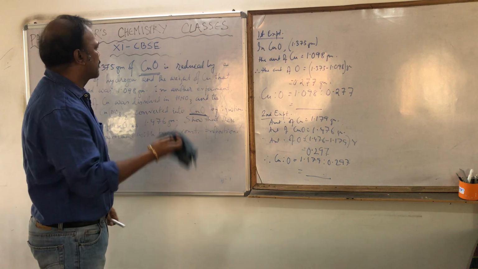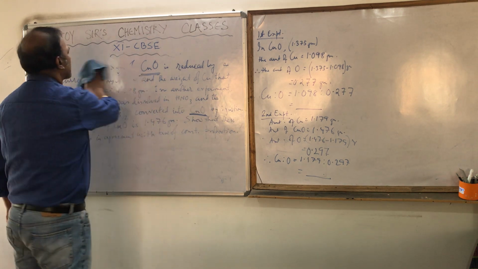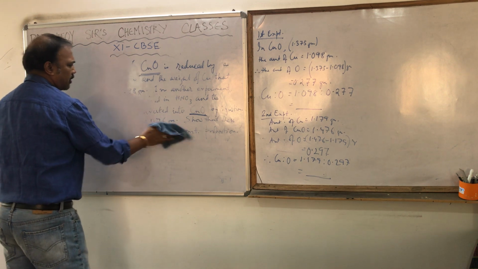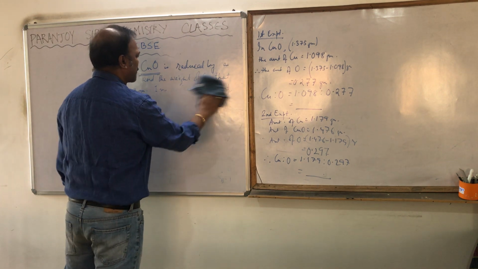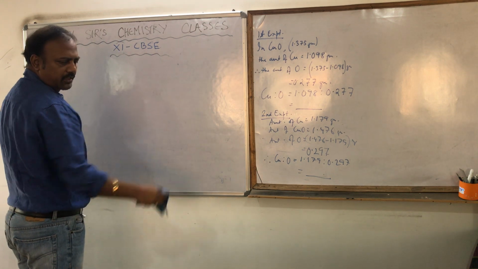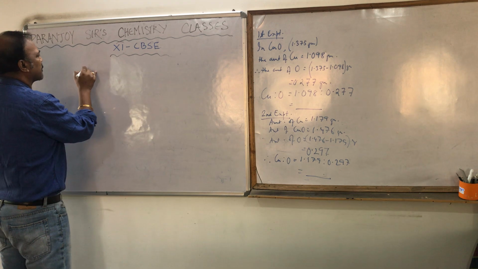So the law of definite proportion is clear. Now we are going to move to the next law, that is the law of multiple proportion. What is the law of multiple proportion? Please understand it.